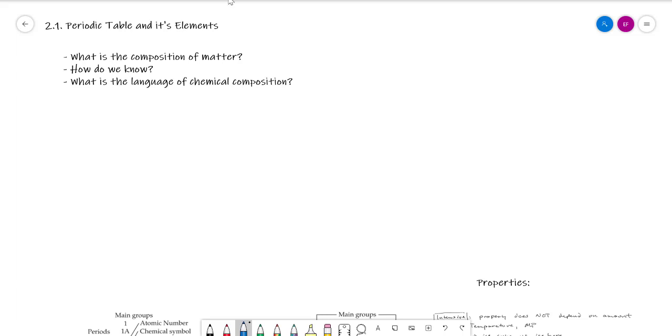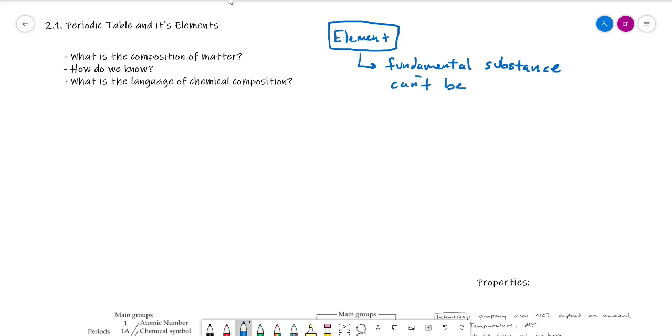And so that requires us to first start with this idea of what an element is. I think we all have a basic intuition for what an element is, but let's define it in a true chemical construct. This is the simplest, most fundamental substance that can't be broken down any further into anything simpler.